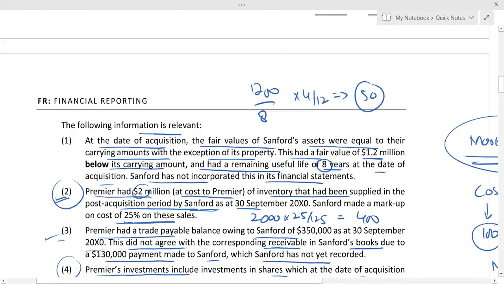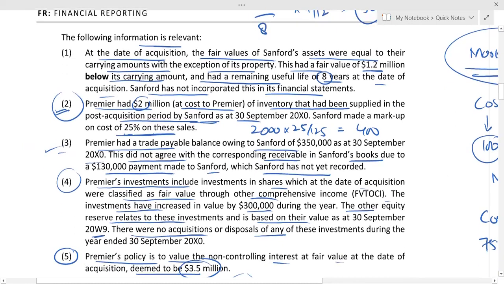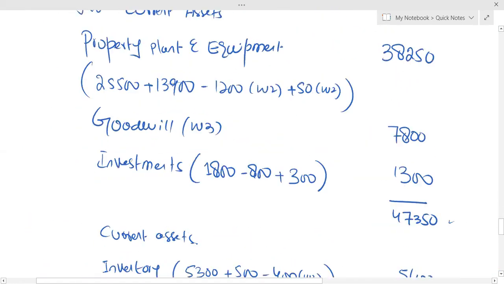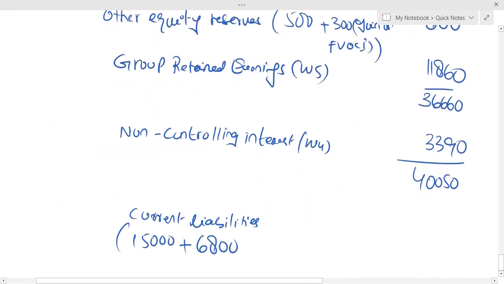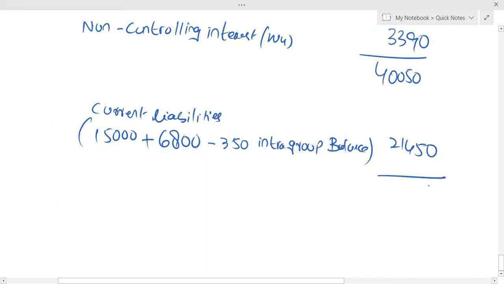Parent says I have a payable to subsidiary 350. Premier had a trade payable balance owing to Sanford 350. So since it's an intra-group balance, it will be eliminated in the group accounts. So minus 350 intra-group balance. So I'm getting 21,450. So 21,450 plus 40,050, I'm getting 61,500.